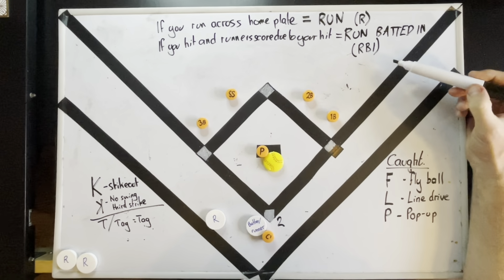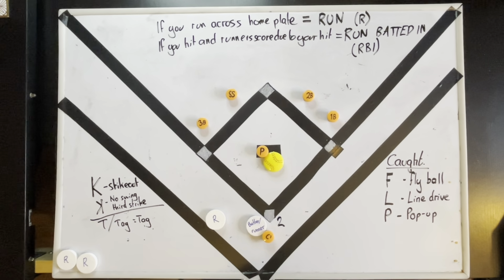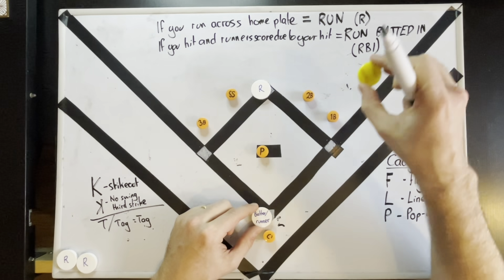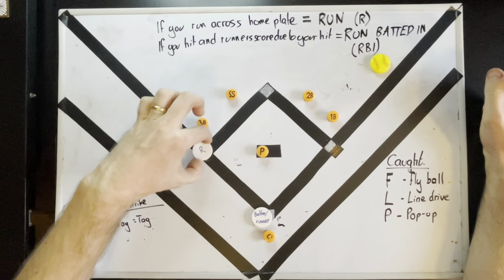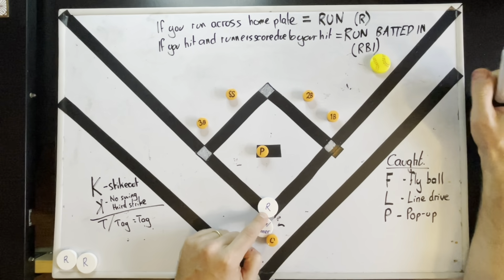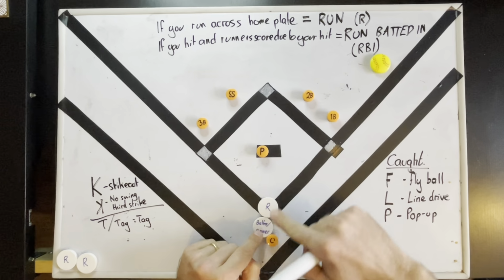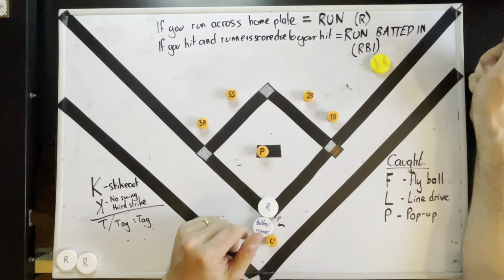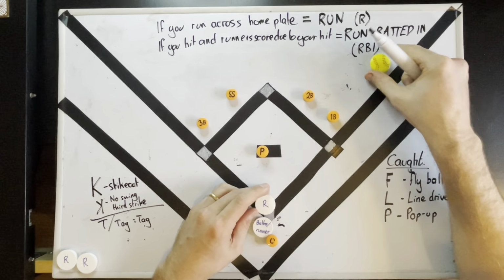You'll be accredited with an RBI, a run batted in. So if you're the person stood here, you hit the ball into the outfield and this runner goes all the way home. This runner will be credited with a run, but you will be accredited with an RBI. And you can have as many RBIs, well, not as many, you can only go up to 4.